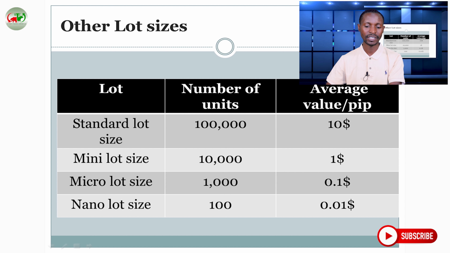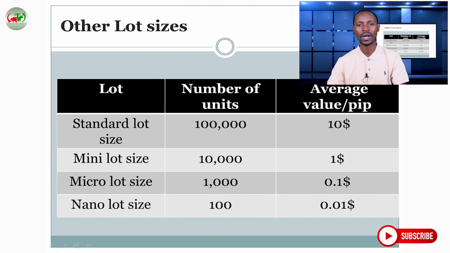The value per pip varies also depending on the units of the lot size you trade. For the standard lot size, the value per pip is equivalent to $10, especially for EUR/USD and GBP/USD. For other pairs, it can be slightly smaller.